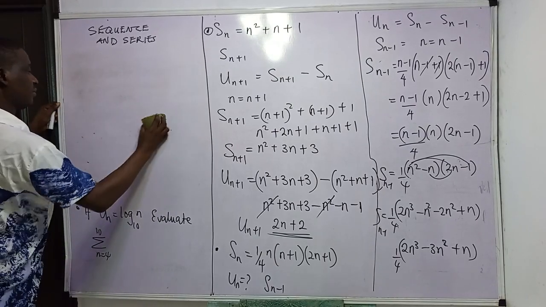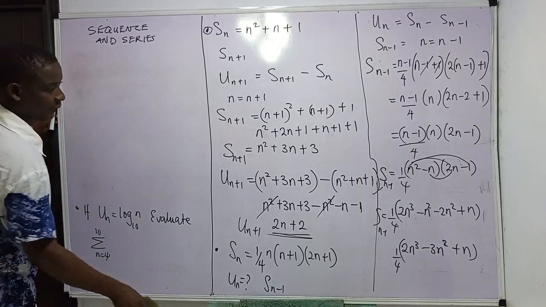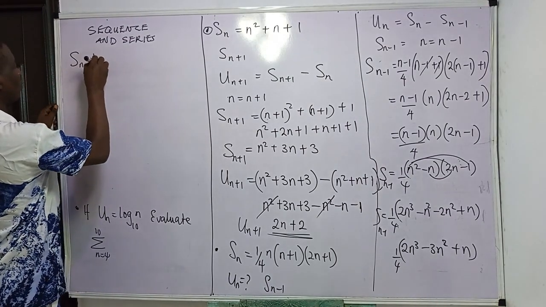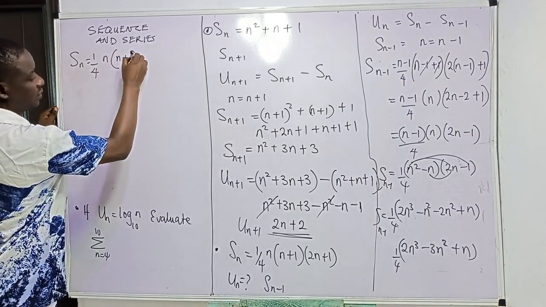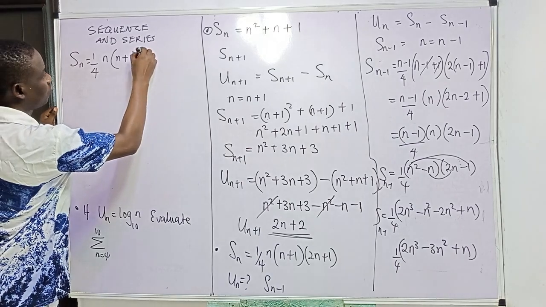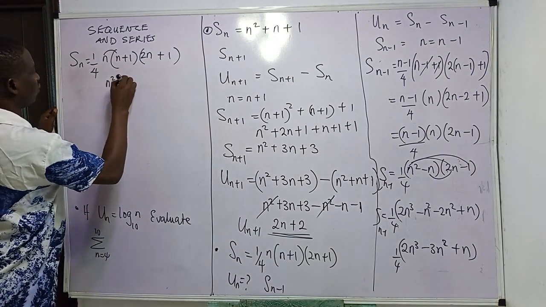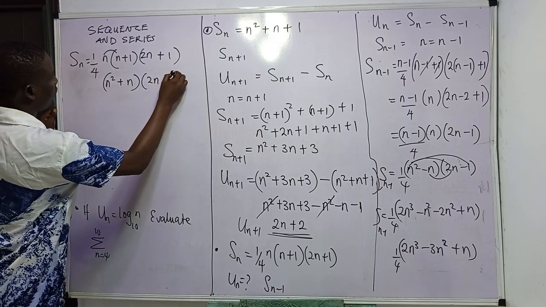Now let's break it down. Let's break S n down first. S n, which is 1 over 4 n into n plus 1 and 2n plus 1, gives us n squared plus n, times 2n plus 1.